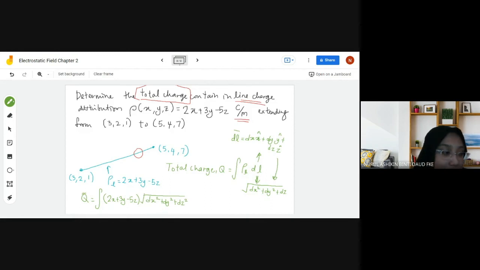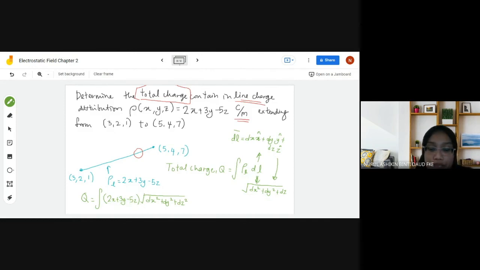From here, there are lots of unknowns. First of all, our integral is dealing with one variable. However, we have three variables in these equations, right? We have x, y, and z variables. So in that case, you need to choose only one variable. You need to decide which variable you want to deal with, either x, y, or z.